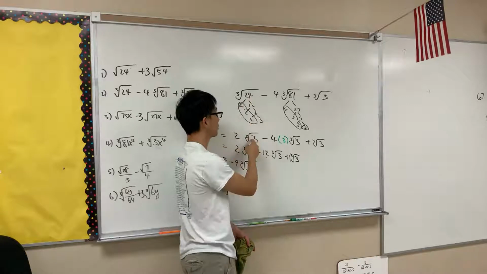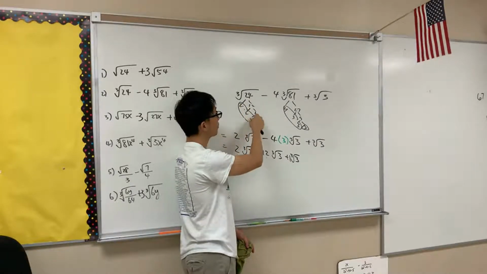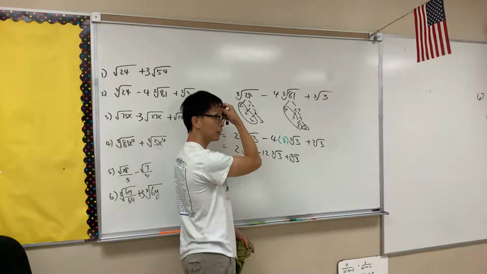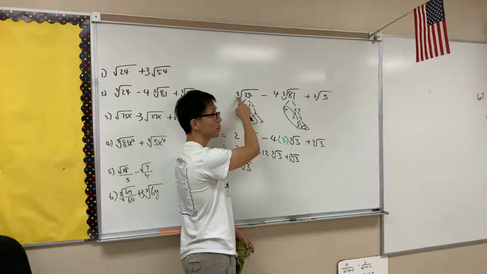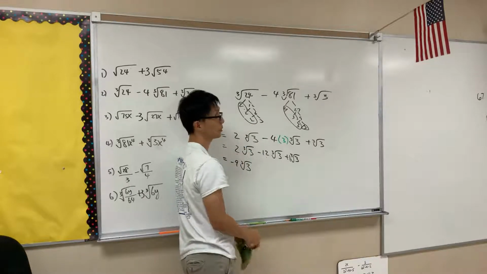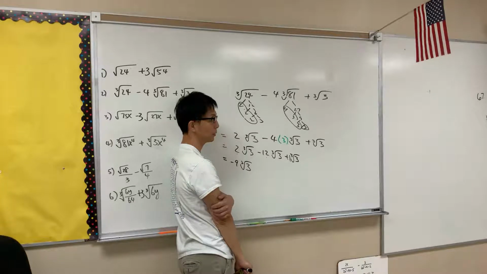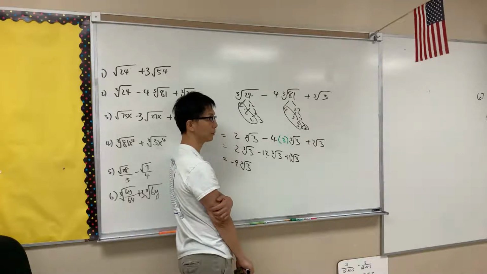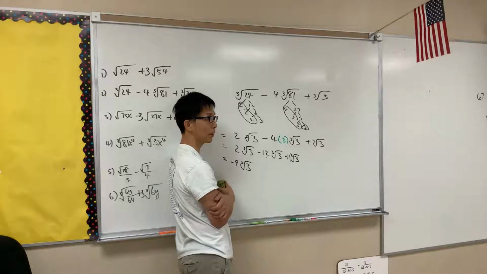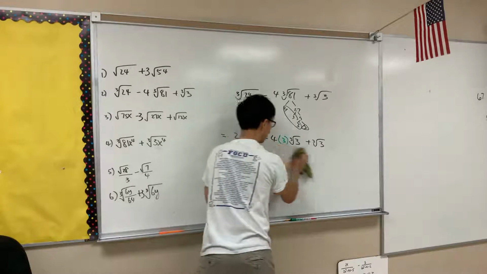So every time I should keep the same index. And I have to go by the index to decide how many per group to get out. So in this case, index 3, that's 3 per group to get out. Or you can do cube root of 8 times 3, cube root of 3 times 2. But cube root of 8 is going to be 2. Question about the second part? No? Okay, let's go to the next one.